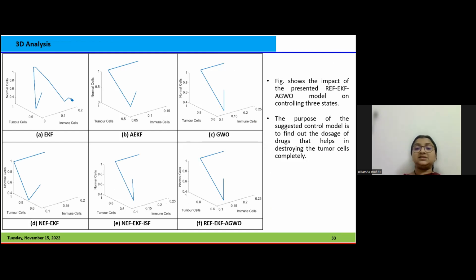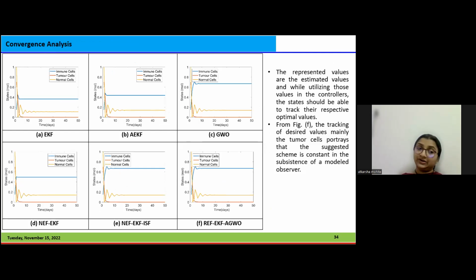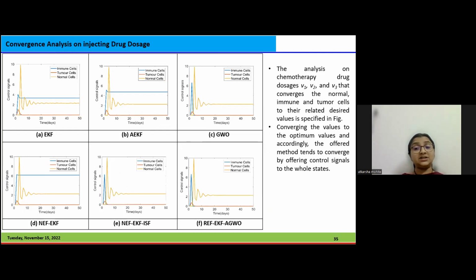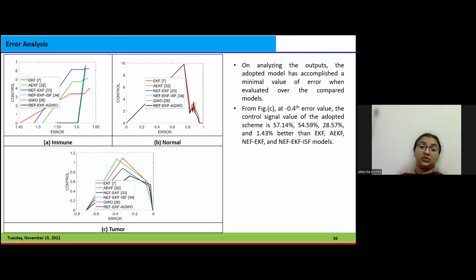Here, in the 3D analysis, we can find it out. The three methodologies we have worked on were mainly precise from the cancer cell decrement point of view. Again, the conversion analysis when the drug is injected into particular patients.